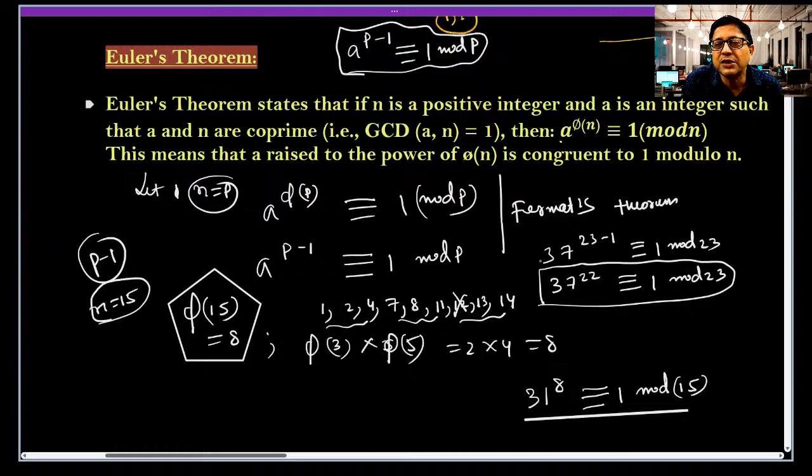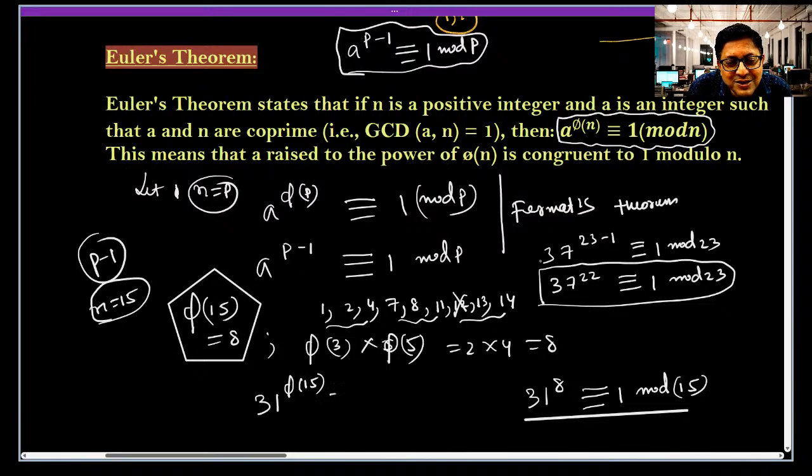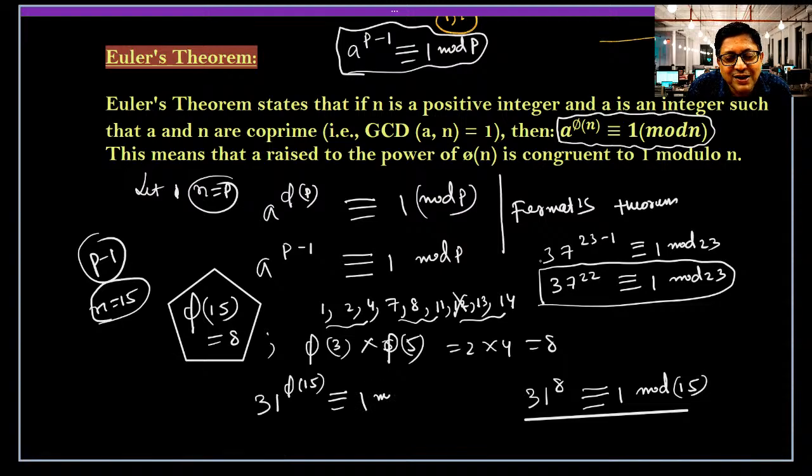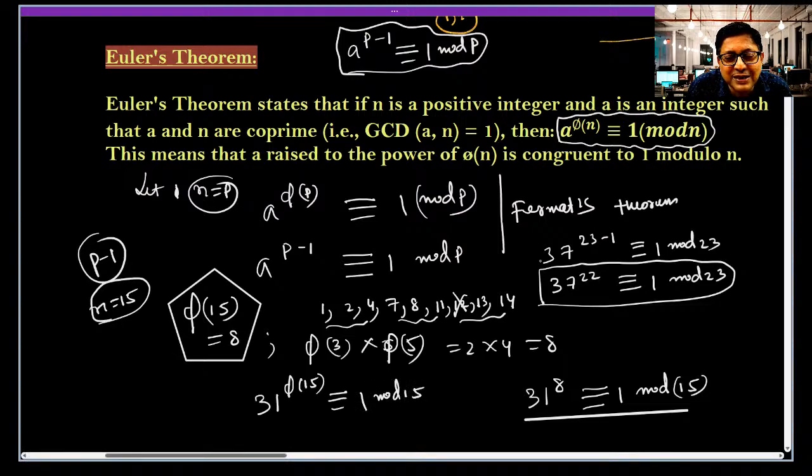If you notice the theorem, a to the power phi n is congruent with 1 mod n. So 31 to the power 8 should be congruent with 1 mod 15.